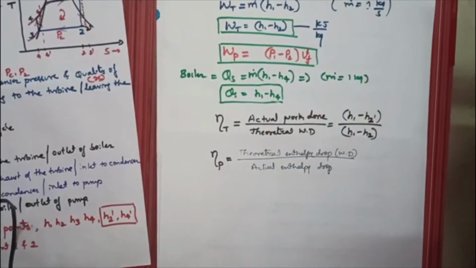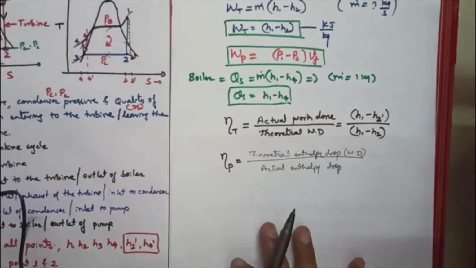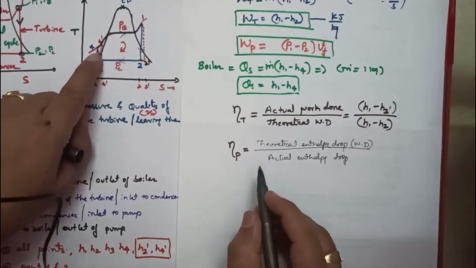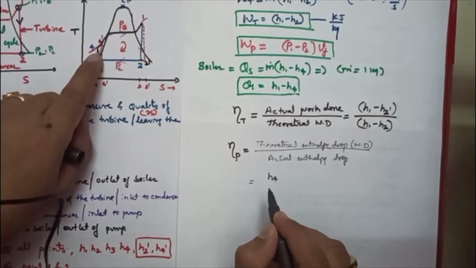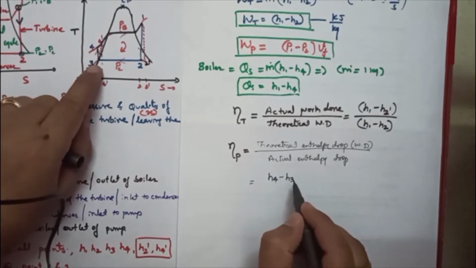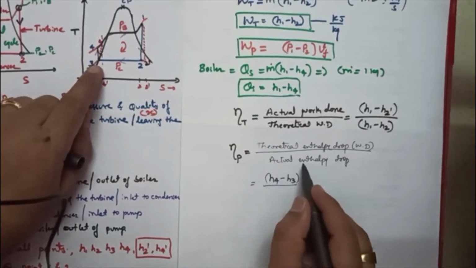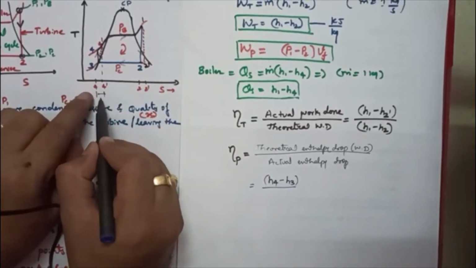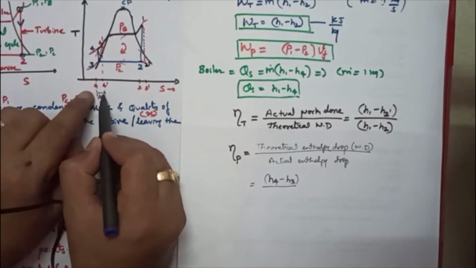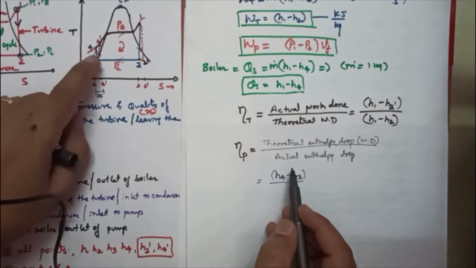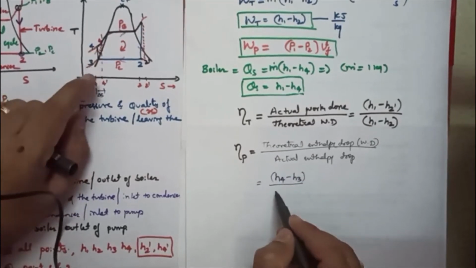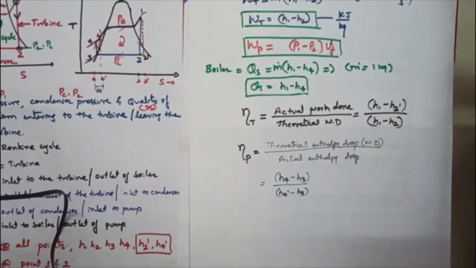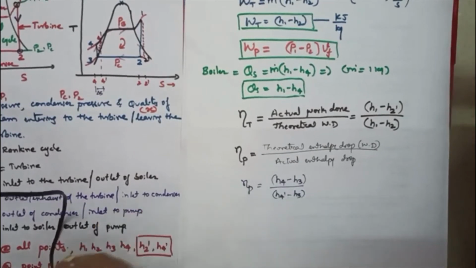So what is the theoretical enthalpy drop in the pump? Theoretical is exactly the straight line, that is 3 to 4. So highest enthalpy H4 minus lowest enthalpy H3, divided by actual. Actual means due to friction there is a slight increase in entropy. You can see the difference between these two, 4 to 4 dash, the delta is the change in entropy. So here the highest enthalpy is at 4 dash, so H4 dash minus H3. This is the efficiency of the pump, which will be used for solving numericals.